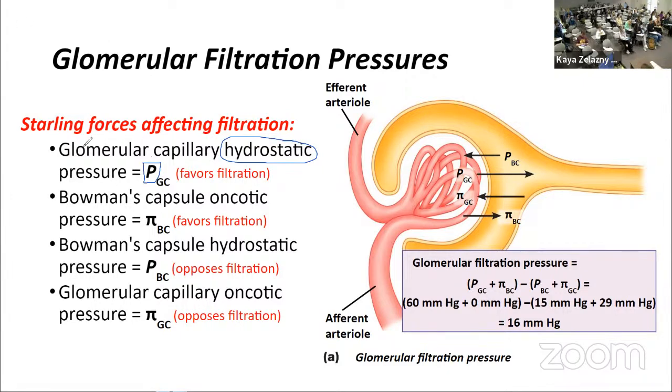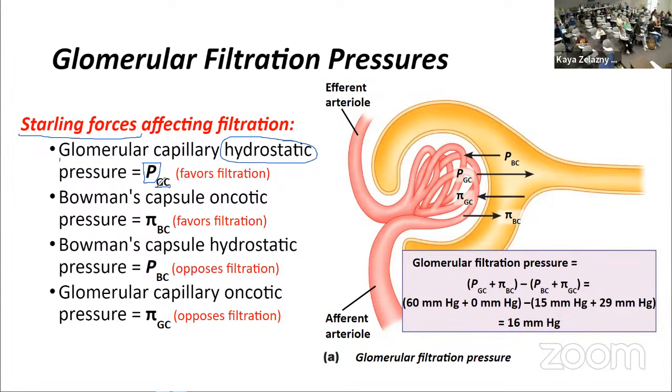So we can see that in our first example here of a Starling force for our glomerular filtration pressure. That's the name for these different forces. This first one, the glomerular capillary hydrostatic pressure, is symbolized with a big P, and then GC for glomerular capillary.